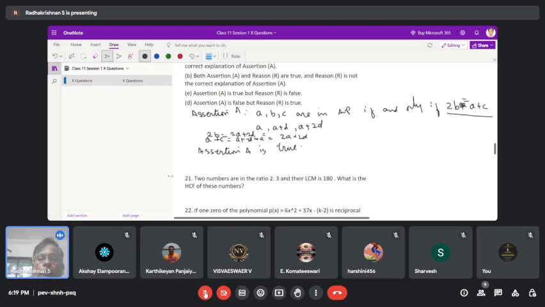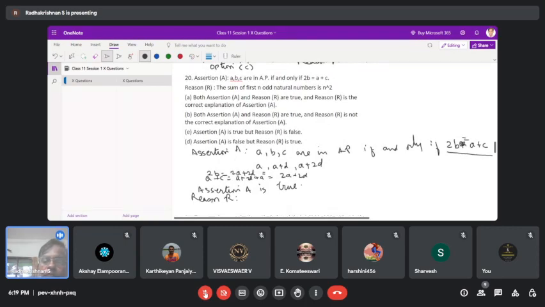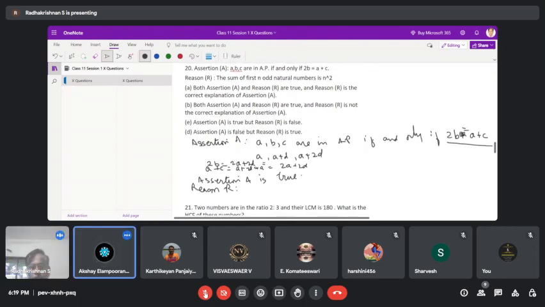Now look at reason R, which says the sum of first n odd natural numbers is n square. Yes, sir, that is true. So we can apply that formula. This is an AP.